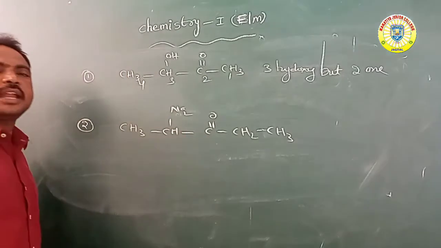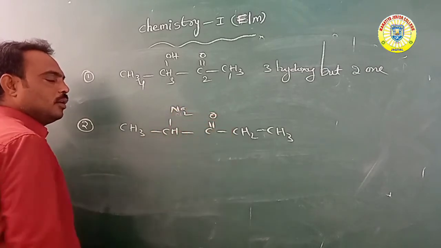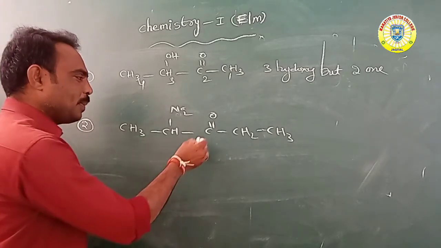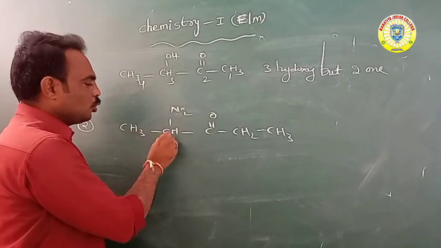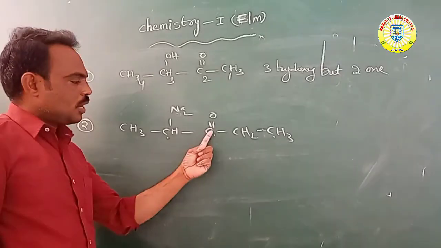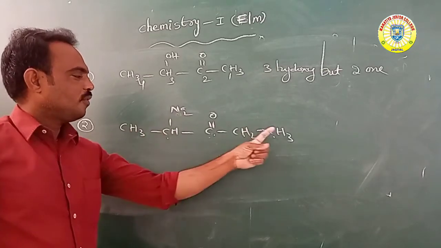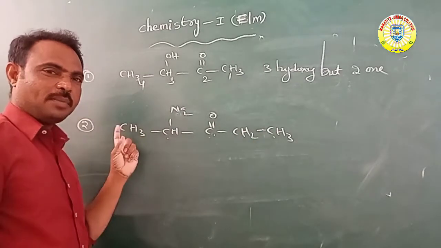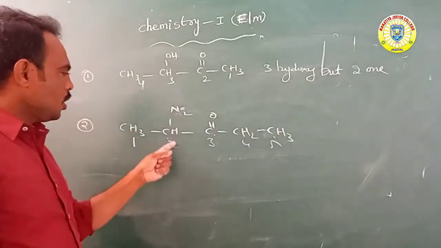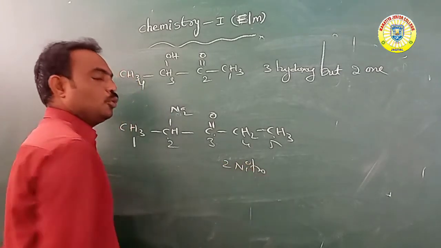Or suppose we take another example, with an NO2 group and a ketone functional group, nitro functional group and ketone functional group. So we give the preference to the ketone functional group. 1, 2, 3, third carbon. The ketone is attached at the middle position, but for the nitro group we number 1, 2, 3, 4, 5 from the left side. So the second carbon is attached with the NO2 group, NO2 means 2-nitro.